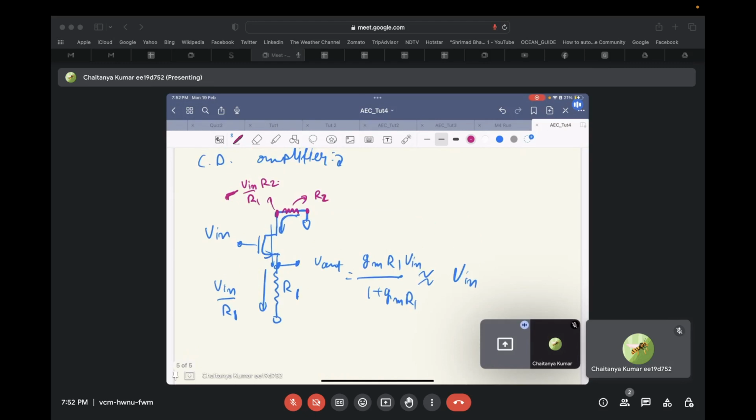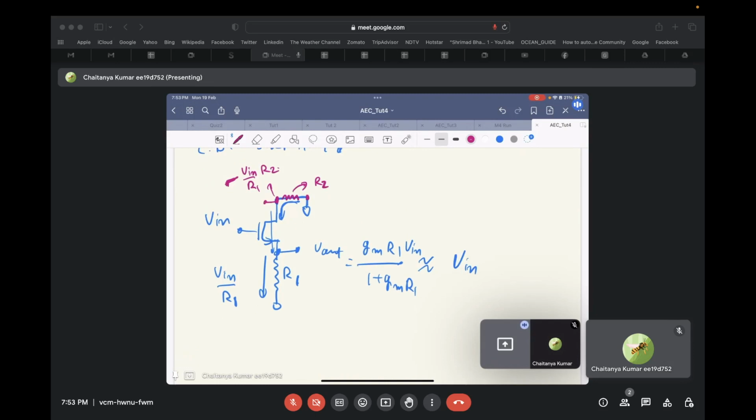So by manipulating the values of the resistors R1 and R2, we can get the desired gain. And if the transconductance is large enough such that Gm times R1 is much greater than unity, the gain won't depend on the value of the transistor's transconductance, that is Gm.